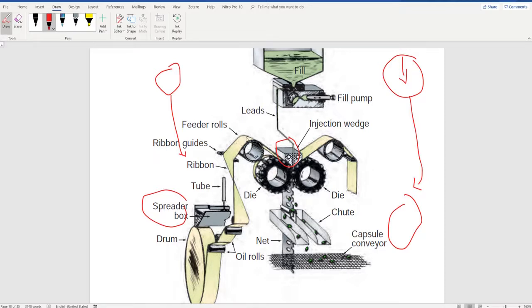And then where does it travel? It travels to the die part. إذن I have two ribbons. One is coming from this side, one is coming from this side.